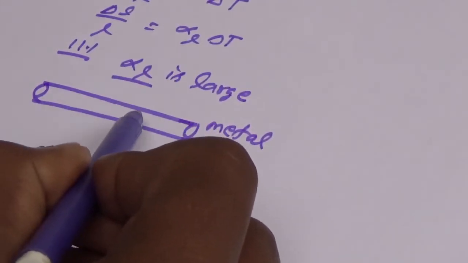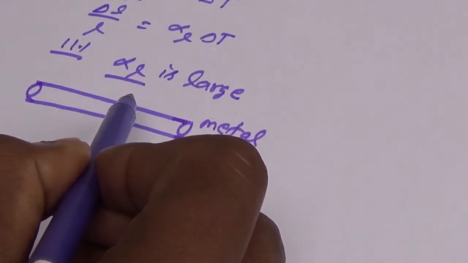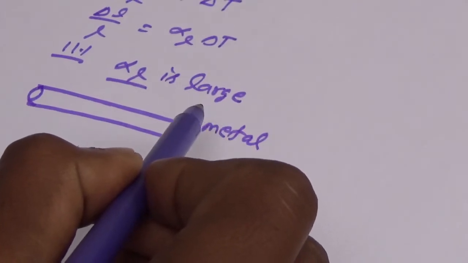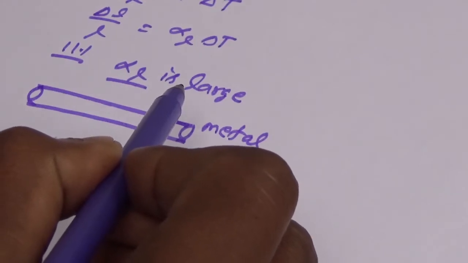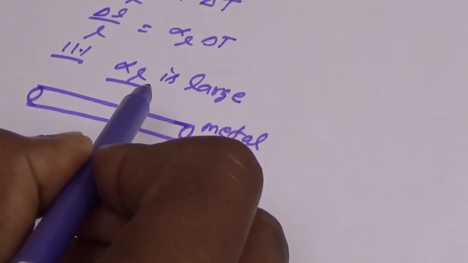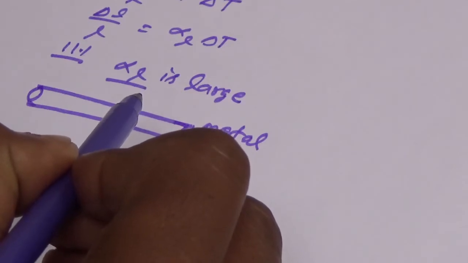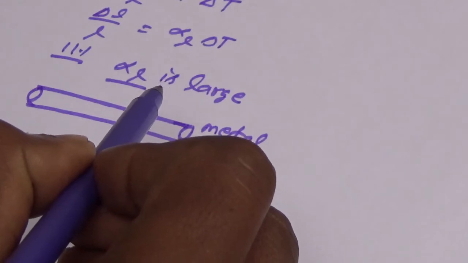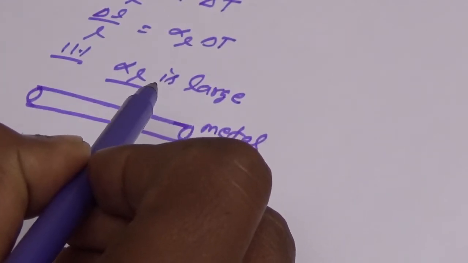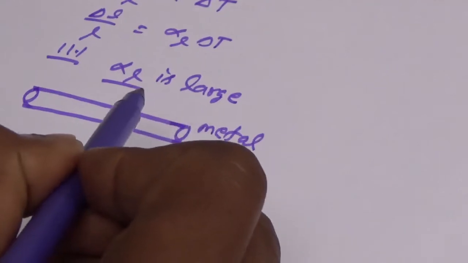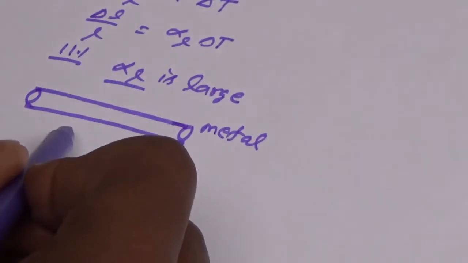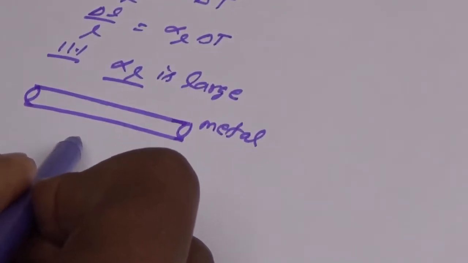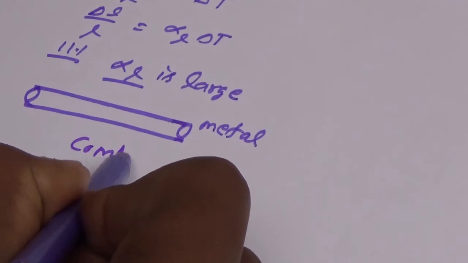the expansion in this metal rod will be more compared to glass, rubber, and many other materials we can choose. But here you can see alpha L is large for metal compared to glass.